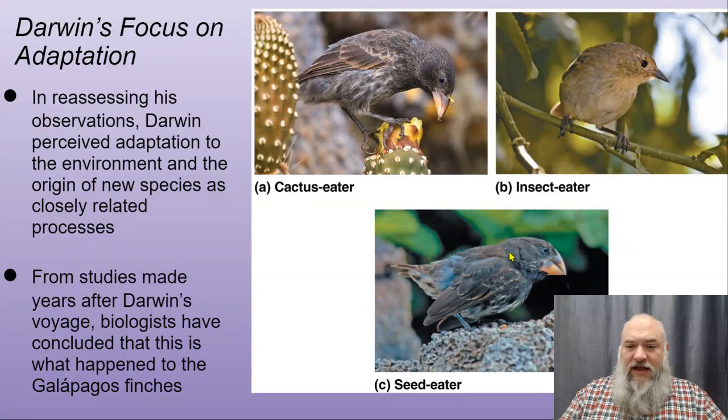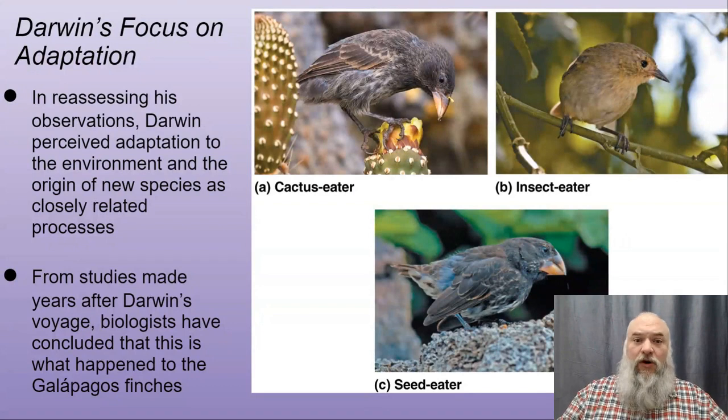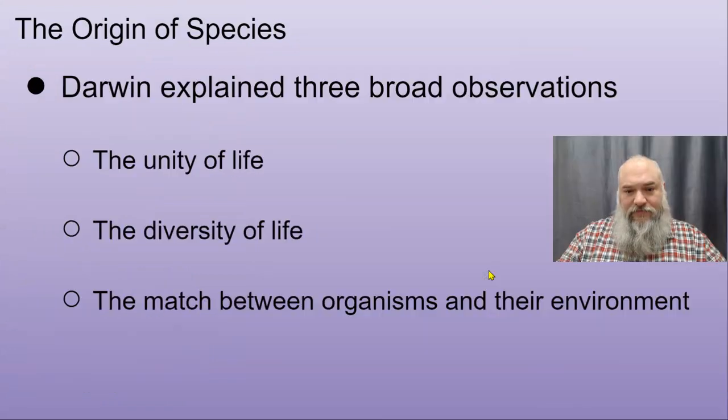But we've got ones whose beaks are designed for cactus eating, for grabbing insects, and big chunky ones for eating seeds. And so he was really focused on how could this happen? How could you get one species then become, in this case, three, or I think it's even more, different species on the Galapagos Islands? And it was speciation and adaptation to the environment.